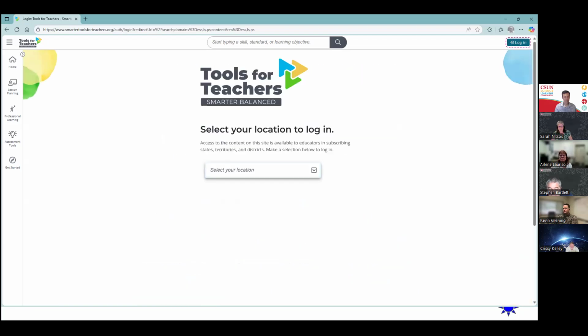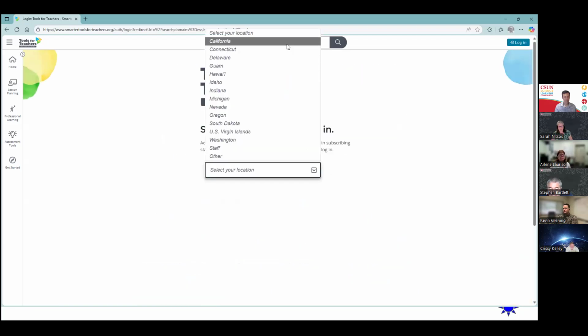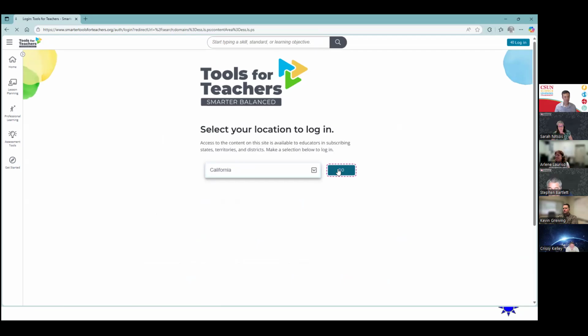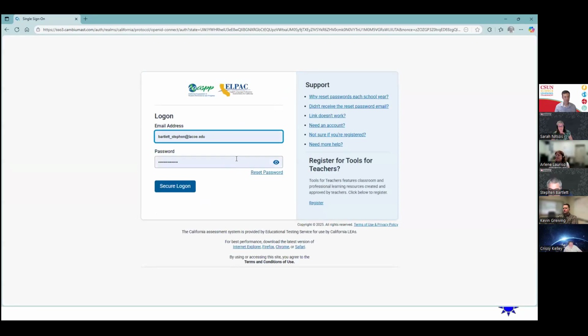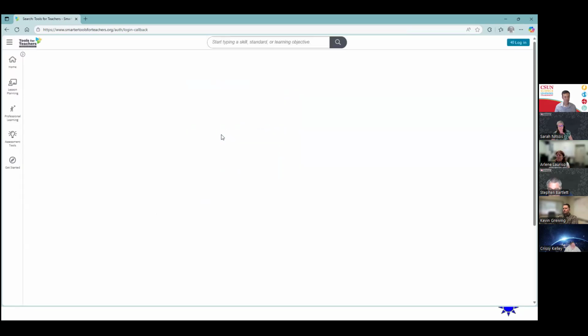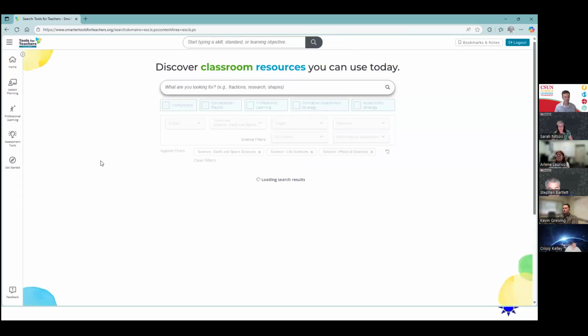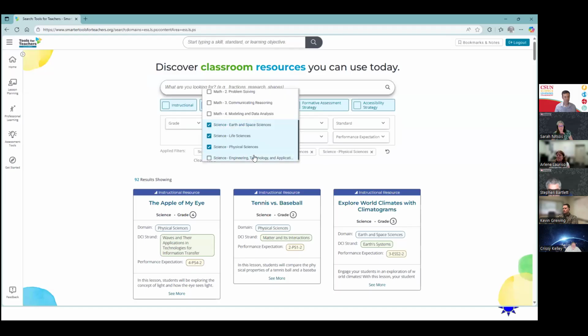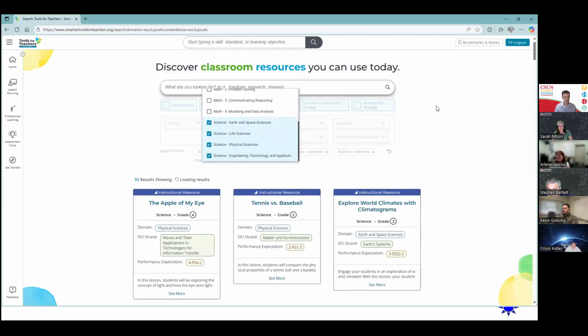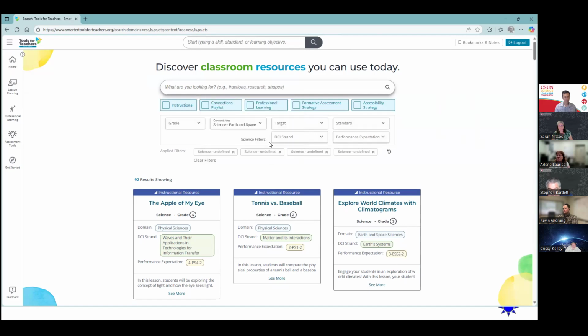If I log in to California and do the same, I'll get 92 resources, spoiler alert. It will bring up an additional content area, science, engineering, technology and applications, and a full 92 results.